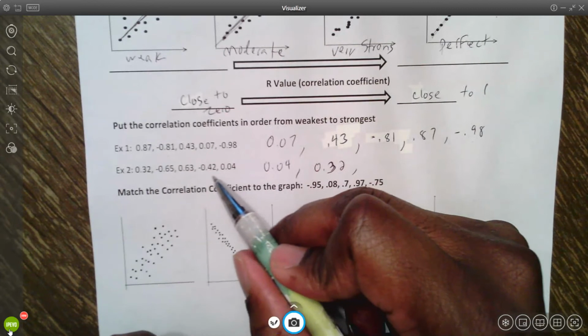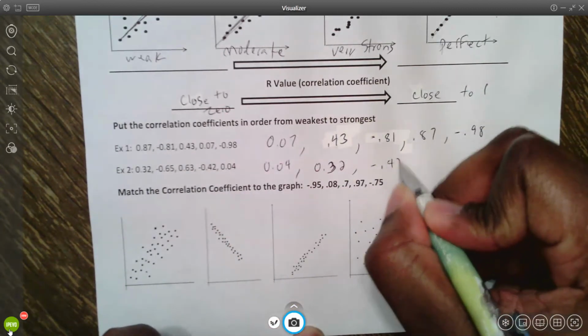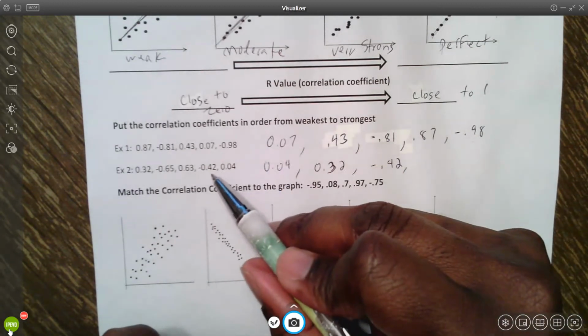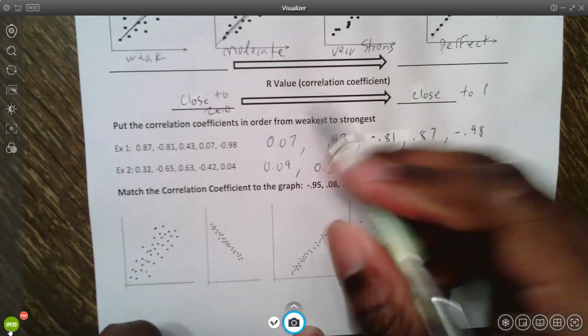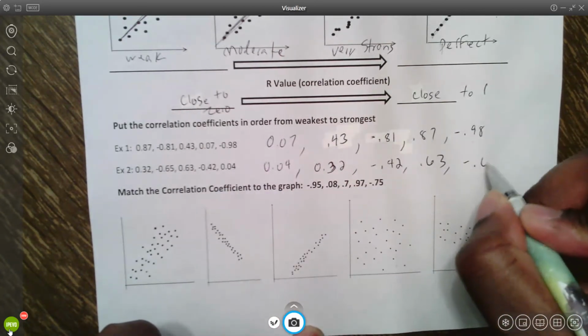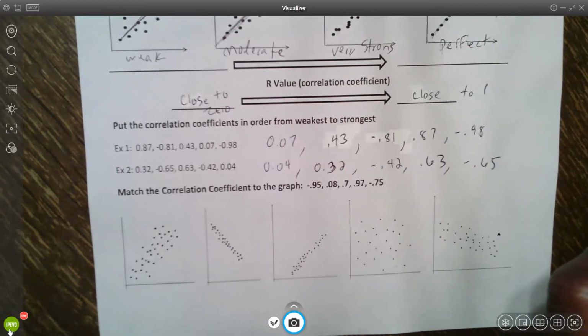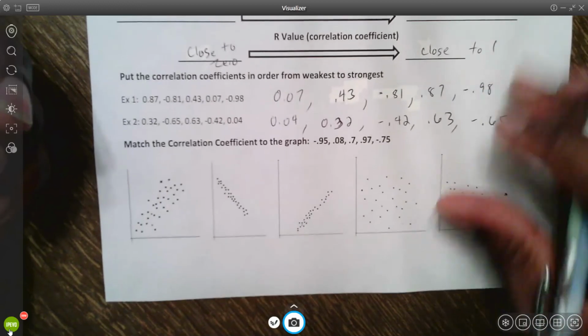After 0.32, the next number up is negative 0.42. And after negative 0.42, 0.63. And the strongest correlation in this set is negative 0.65. So that would be the strength from least to greatest, weakest to strongest.